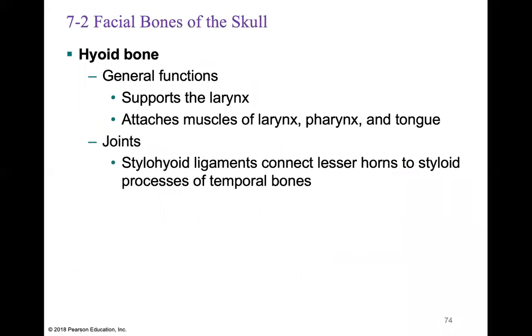Okay, the hyoid bone, this is actually a bone unto itself. It supports the larynx, and it will attach to the muscles of the larynx, pharynx, and tongue. It actually does not directly attach to any other bone or articulate with any other bone, but what you will have is the attachment points of many ligaments, which will help to sort of support that whole area.